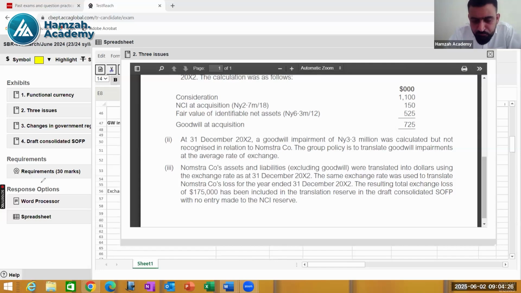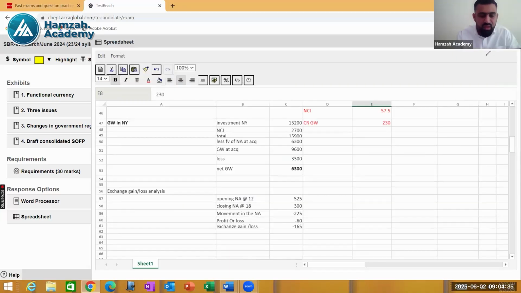But the problem is that the profit or loss for the year should be translated using the average rate, not the closing rate. Now, I have rectified that error here.